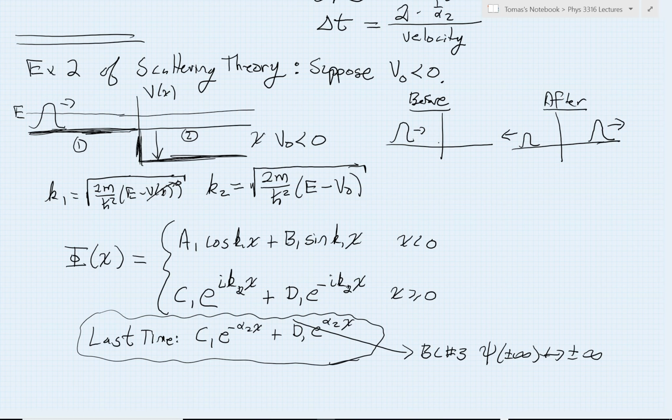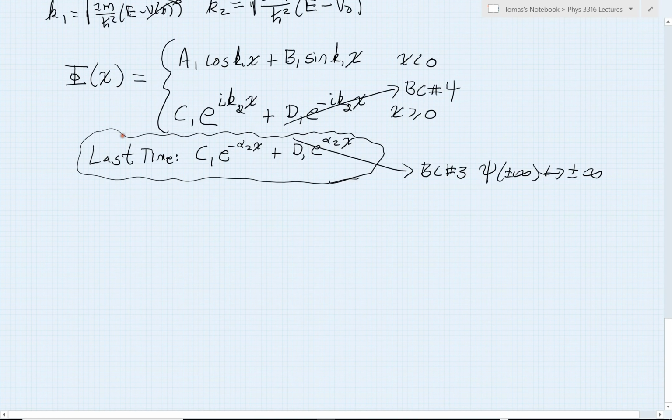So we have a new type of boundary condition that we can use to eliminate this backward traveling term. And that's my fourth type of boundary condition, so I'm going to call that boundary condition number 4. And that's another one of our important lessons from this analysis. And this is boundary condition number 4.